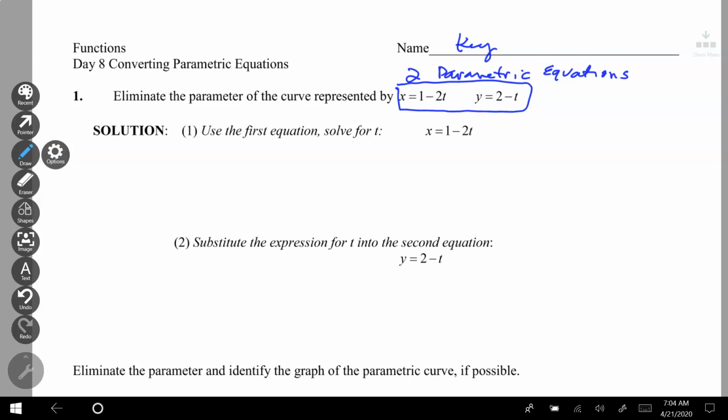And what we're going to do today is called eliminating the parameter. The parameter is the letter t.